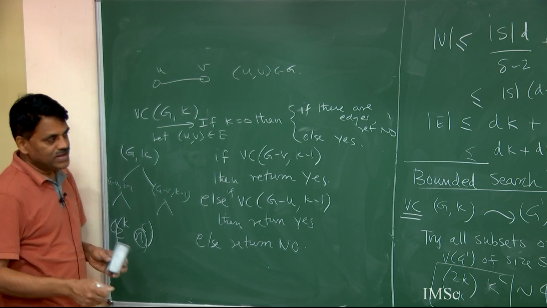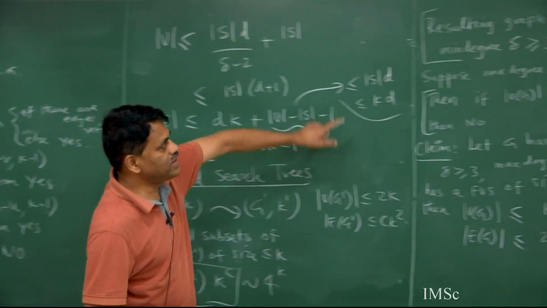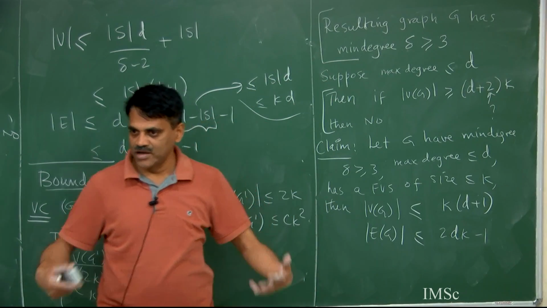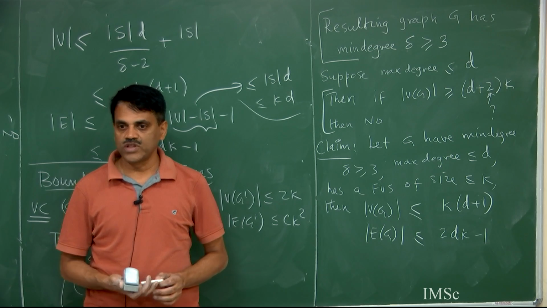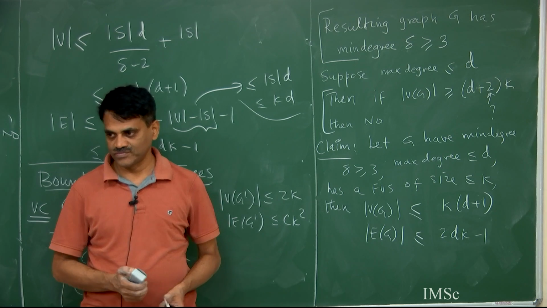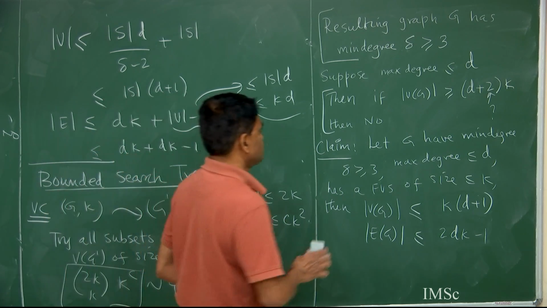But in general, the cycle length can be n by 2 or so. But since we have ensured that the minimum degree is at least 3 by this polynomial time preprocessing, we can show that there is a short cycle. Okay.